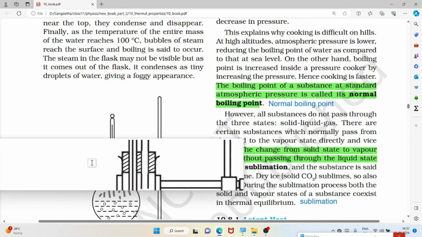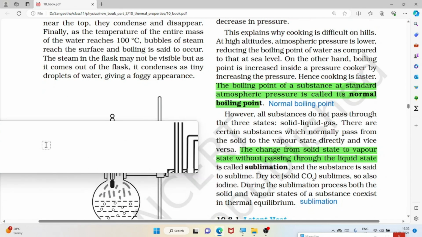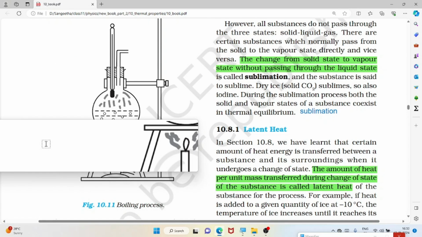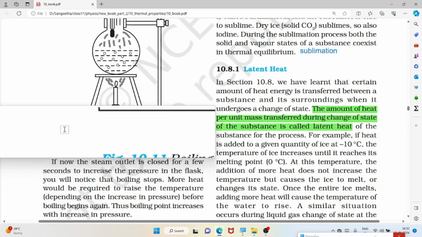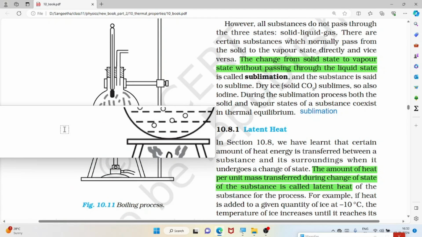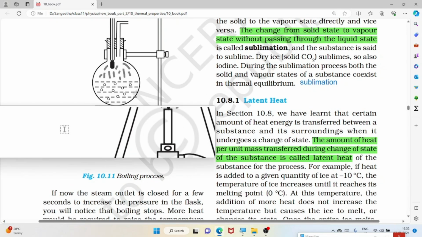Normal boiling point is the boiling point of the substance at standard atmospheric pressure. Sublimation is the change from solid state to vapor.